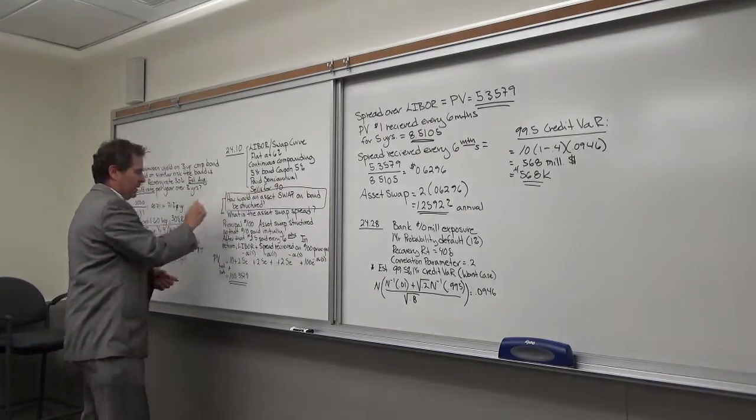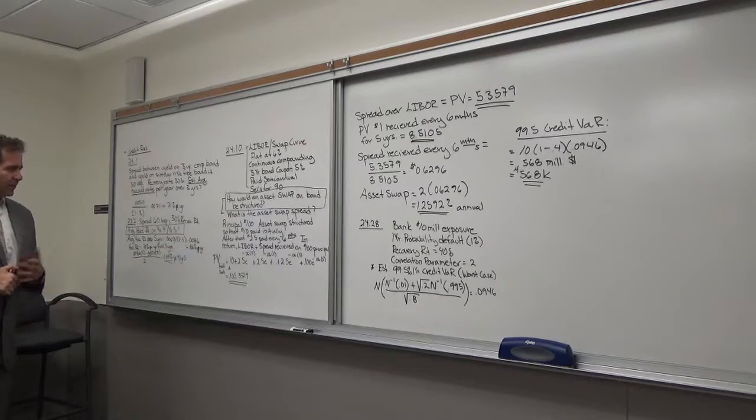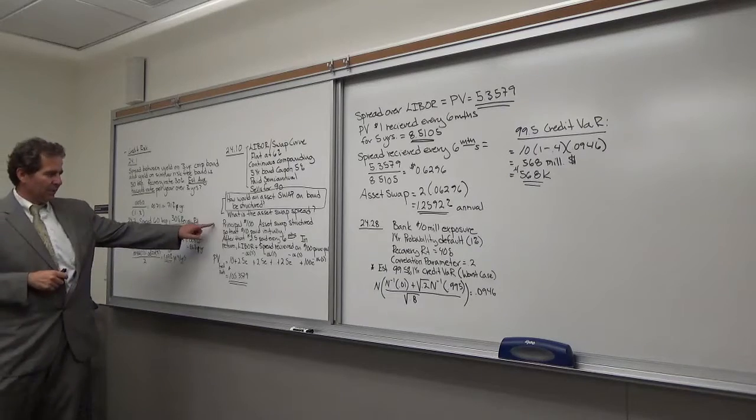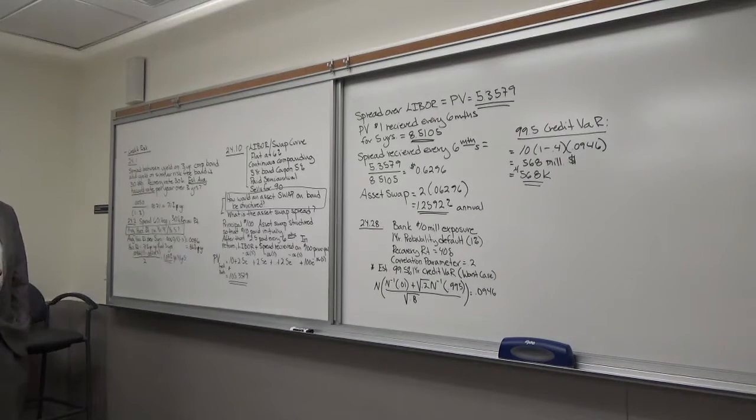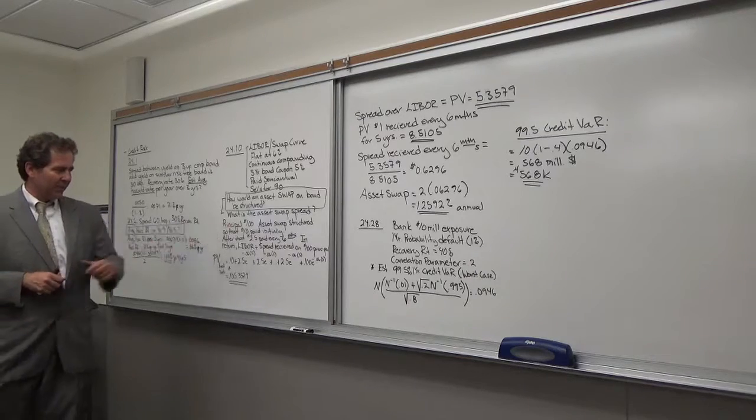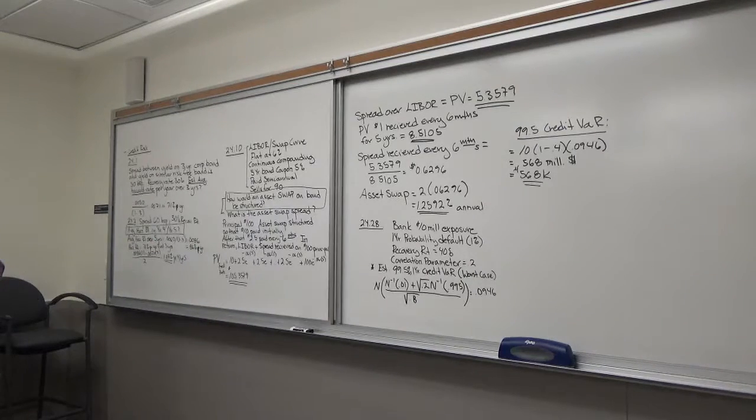That is what you're trying to do. So the first is, what is the asset swap spread? Well, the principal is $100. The asset swap is structured so that $10 is paid initially, and after that, $2.50 is paid every 6 months.